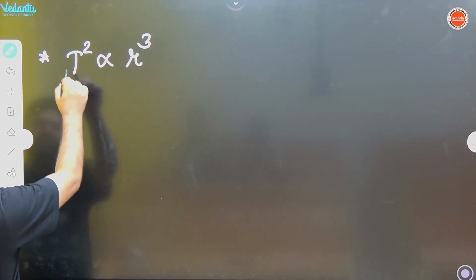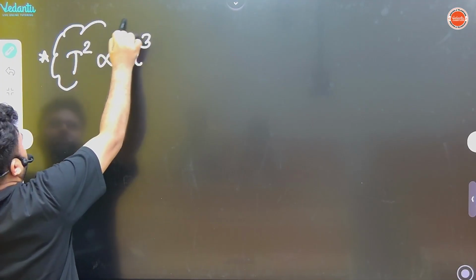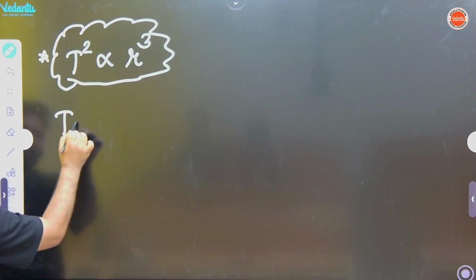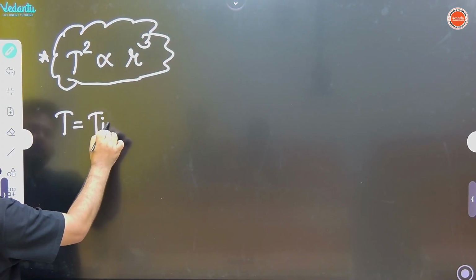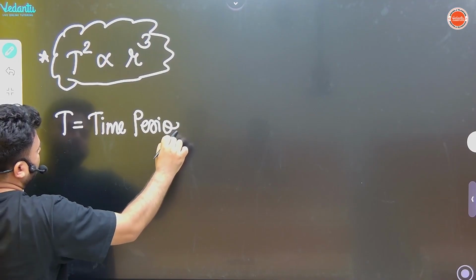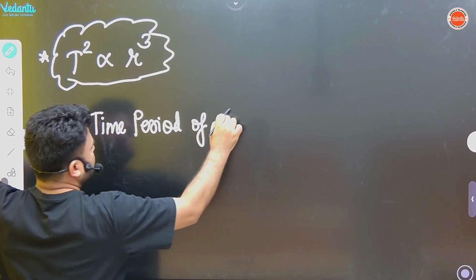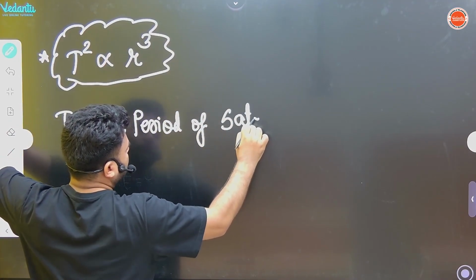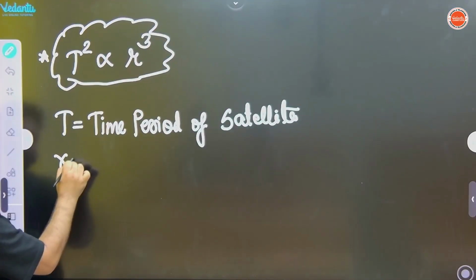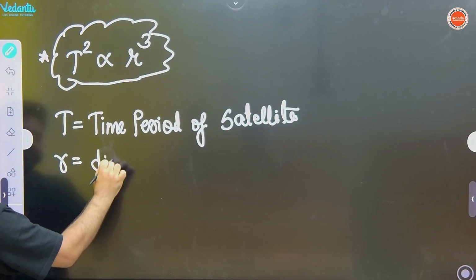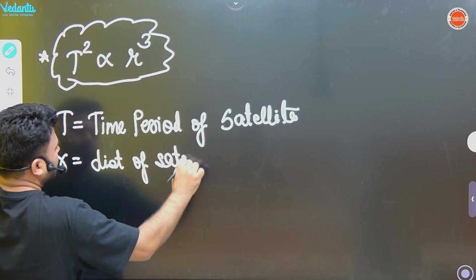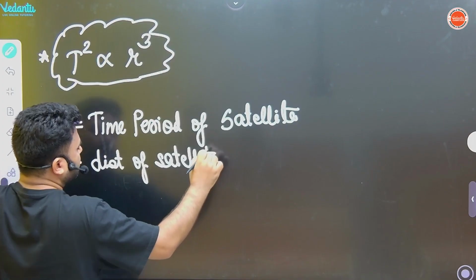So T square is directly proportional to r cube. T is the time period of satellite. r is the distance of satellite from the center of earth.